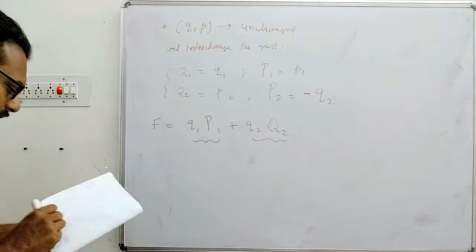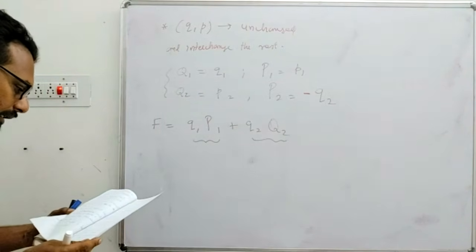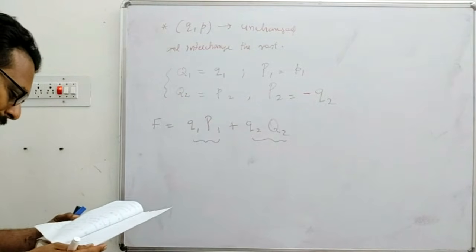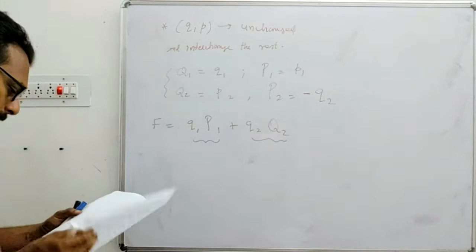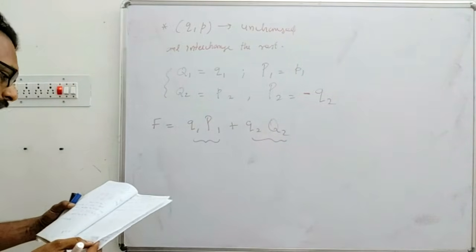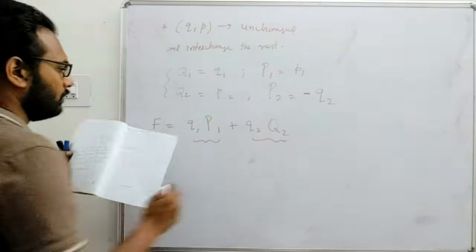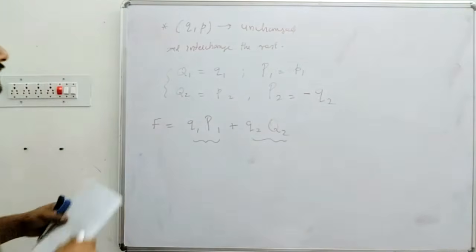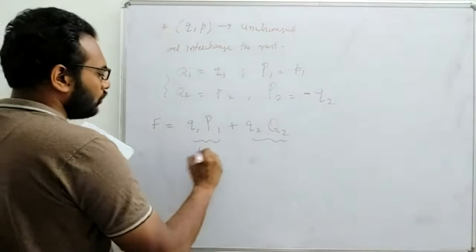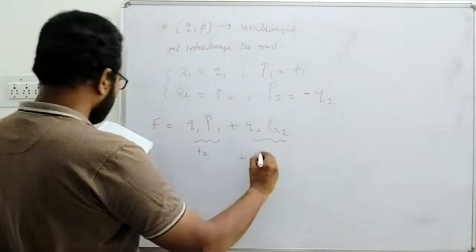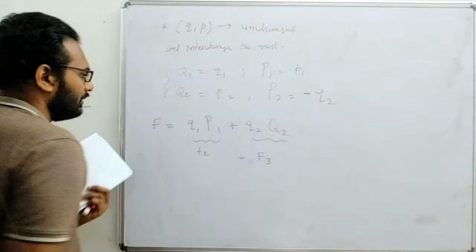Yeah, I think that's what we, just a second, let me check. Yeah, q2 Q2, right? This was F3. So this is actually a combination. This is F2, and this is F3, I think.